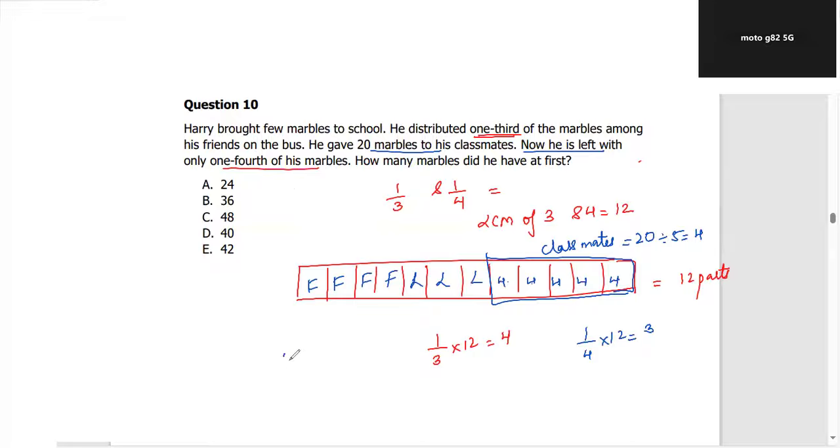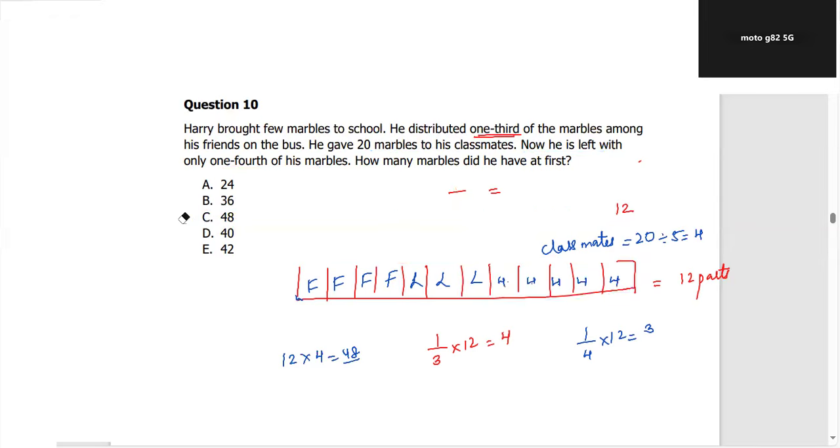Total, I have 12 such boxes. So 12 into 4 is 48. So he had a total of 48 marbles in the beginning. So my answer for question 10 is 48. This is something to understand, how many parts one whole was divided into. And if you do it this way, you'll get your answer. So the answer for 10 is option C. Let's move on. Let's erase this.